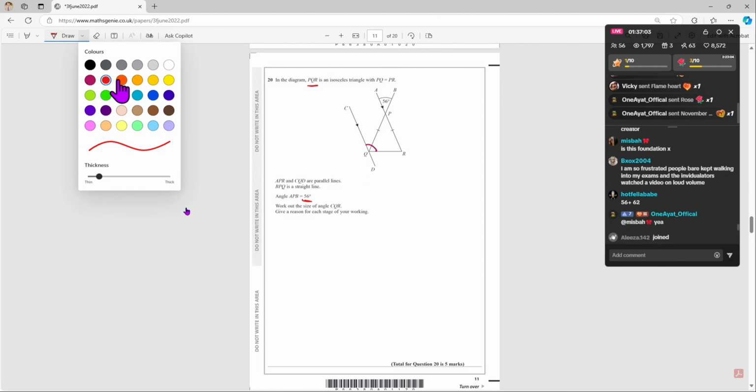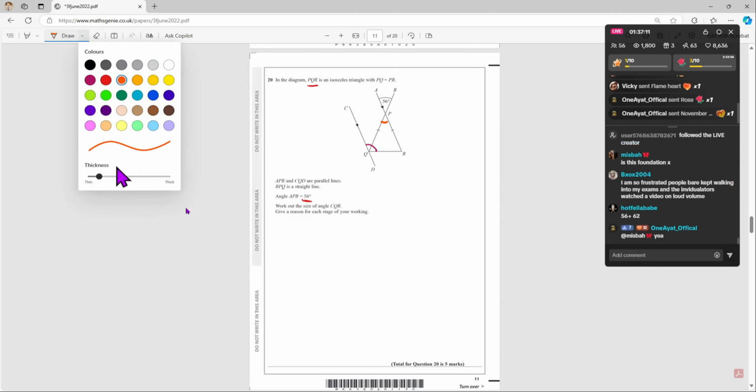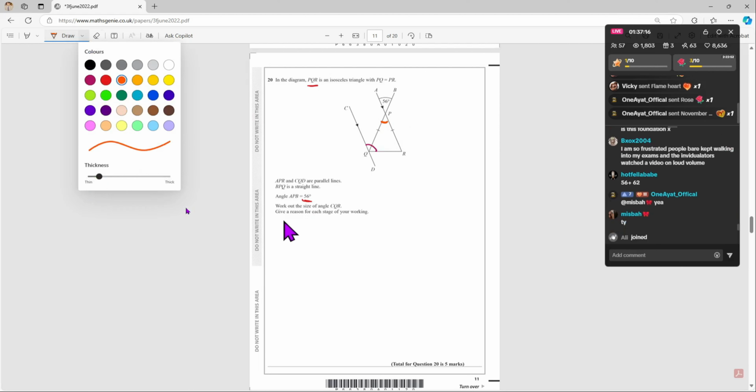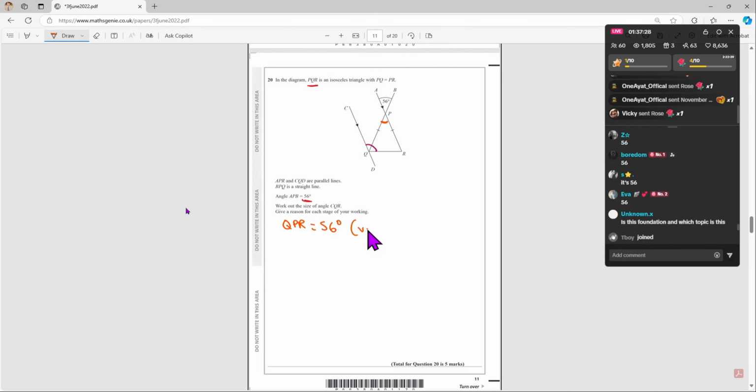The first thing we know is this. You can easily work out this angle right here. What is this angle, guys? Angle QPR is equal to 56 degrees because vertically opposite angles are equal.